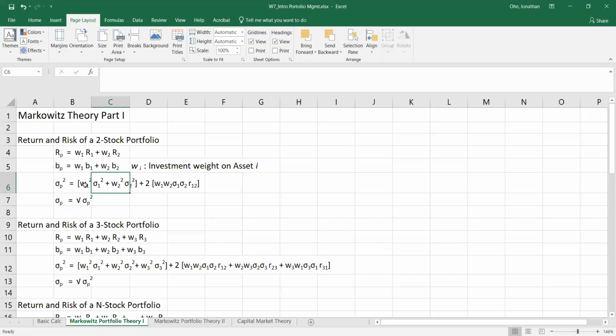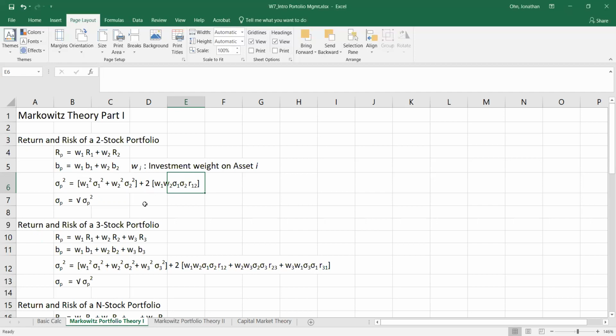The reason the correlation coefficient is important in risk diversification or risk hedging is that if R12 is negative, the whole term will be negative. That will decrease this entire variance or risk measure quite a bit.